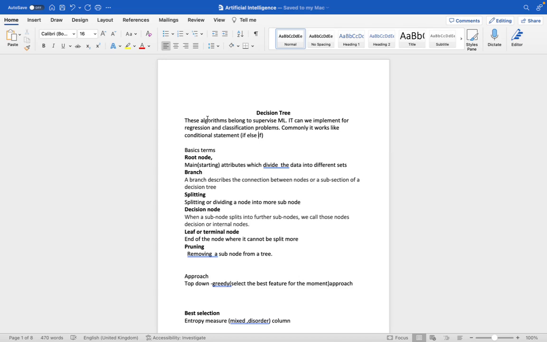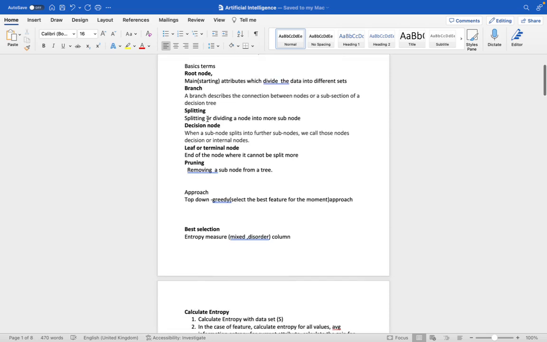To overcome this, mostly for overfitting, we use pruning, removing a subnode from a tree. We will learn this when we start working on the development phase. The approach people use to select which feature is most important is mostly a top-down greedy approach, with the best selection using entropy to measure the disorder in a column.